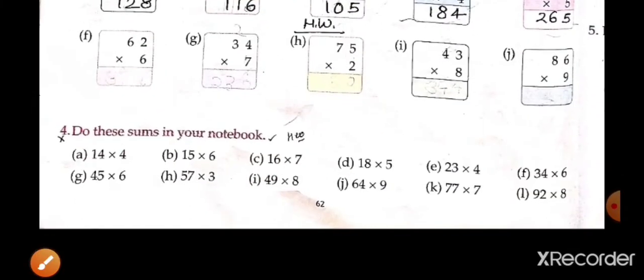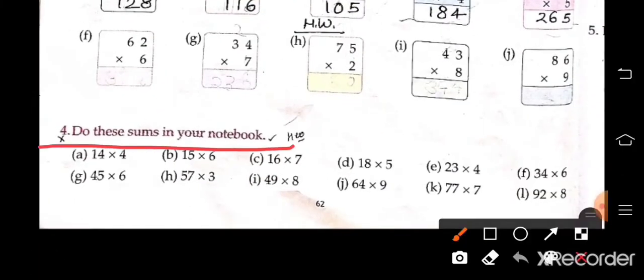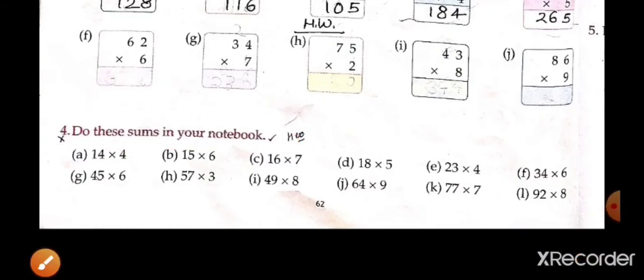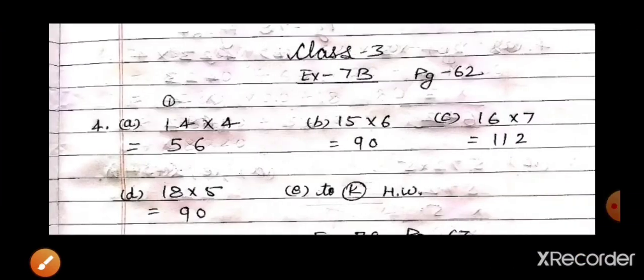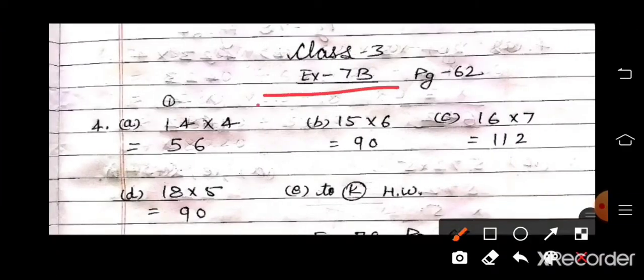Okay, now question number 4, do these sums in your notebook. So take out your notebook, write exercise 7B, page number 62. Question number 4, A part, 14 multiply 4.